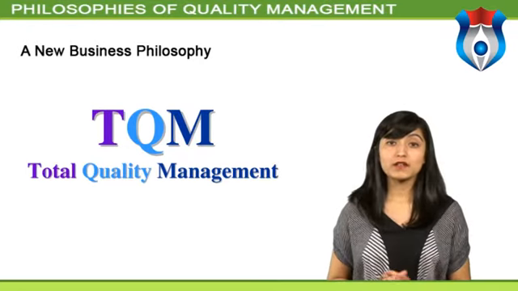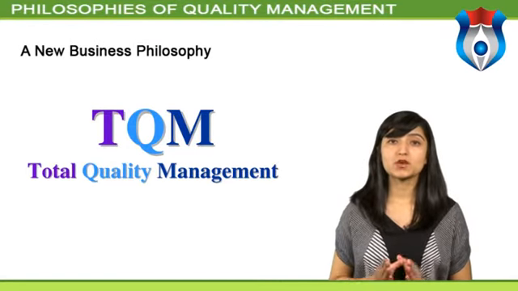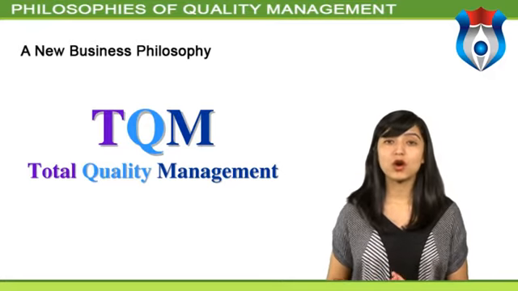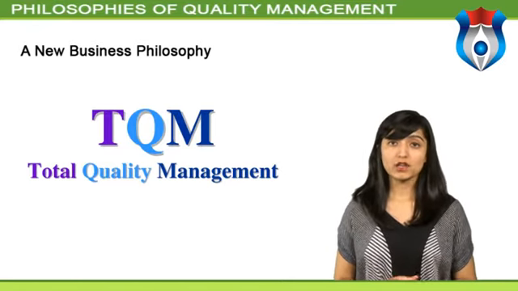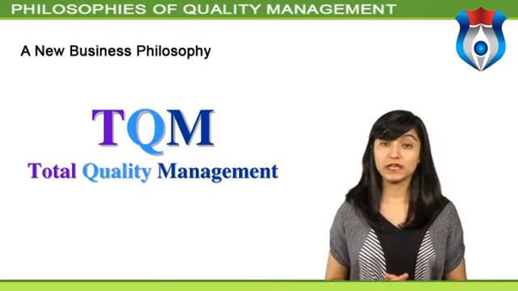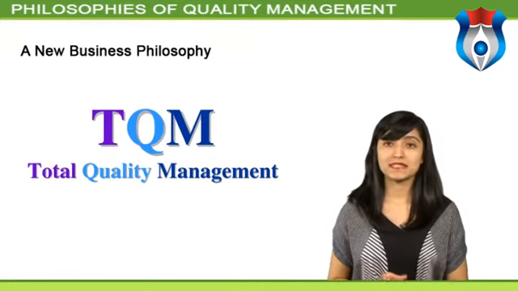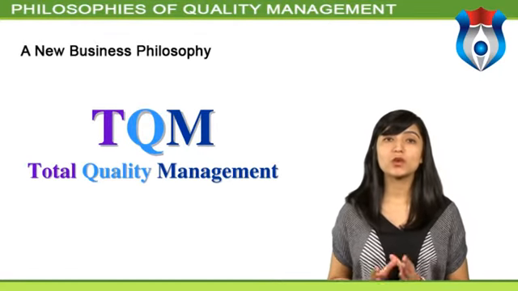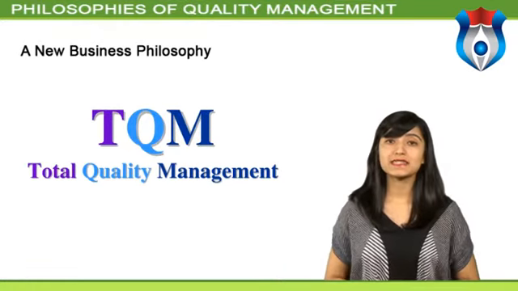We know now that quality needs to be built into every level of a company and become part of everything the organization does. A new business philosophy. We owe this informative thinking to Dr. W. Edwards Deming, a statistician who went to Japan to help with the census after World War II.